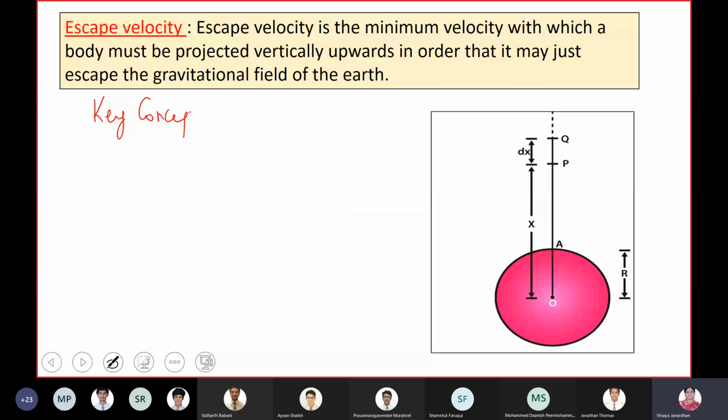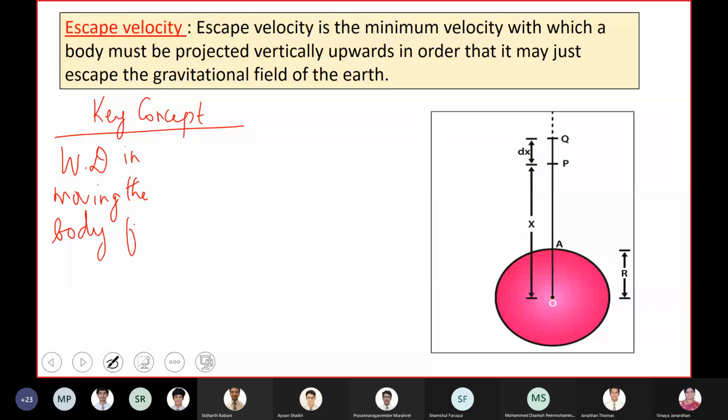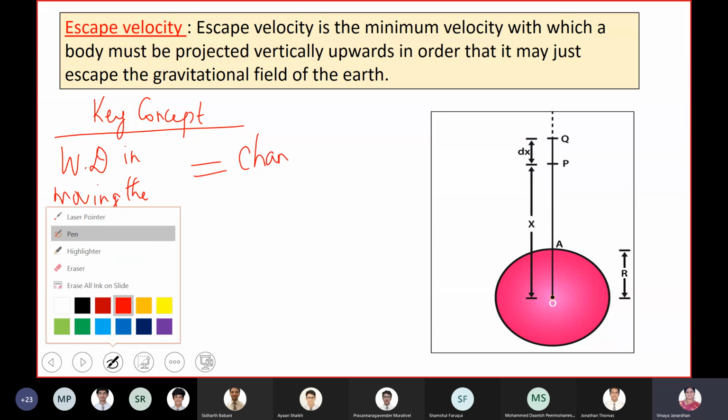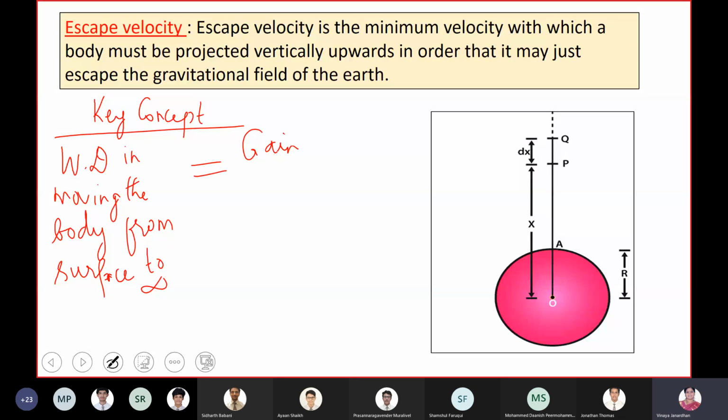What is the key concept? The work done in moving the body from the surface to infinity will be equal to the change in kinetic energy, or gain in kinetic energy, of the body.